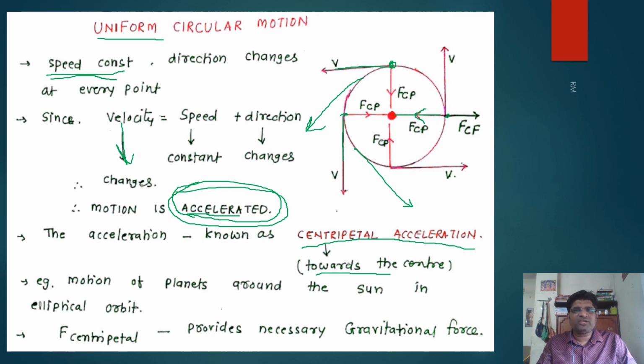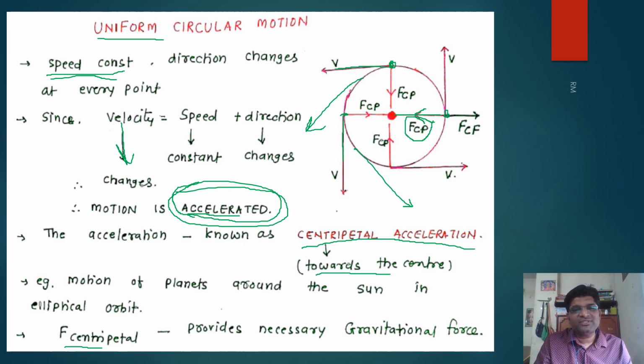So in uniform circular motion, when the object is here, you can see I have shown a force towards the center which is responsible for holding all these planets in their orbits. The force which holds the planet in its circular orbit towards the sun is known as the centripetal force. Which force is it? It is the centripetal force. So that centripetal force is holding all those mightiest planets in those orbits, right?